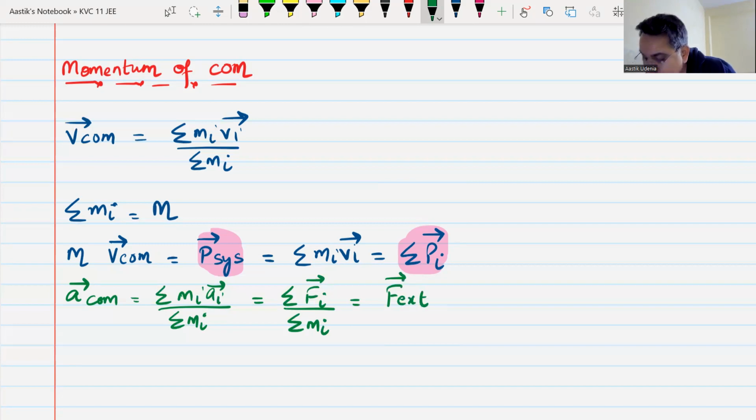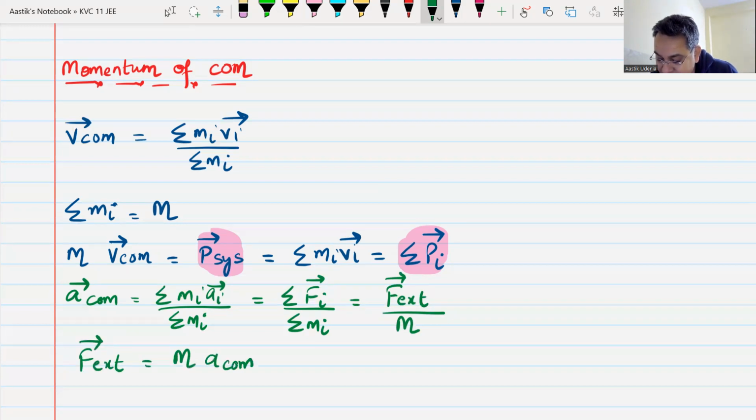So all the other forces will get cancelled, and what we will have is the net external force acting on the particles divided by the total mass. So from here I can write the external force acting on this system of particles will be m into the acceleration of center of mass.